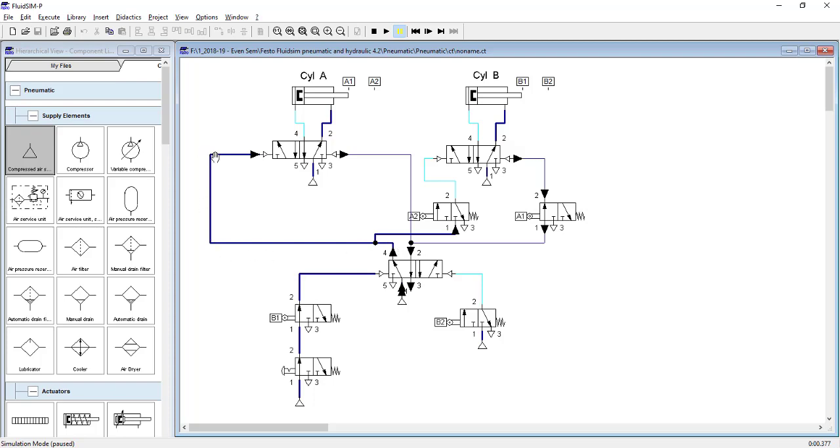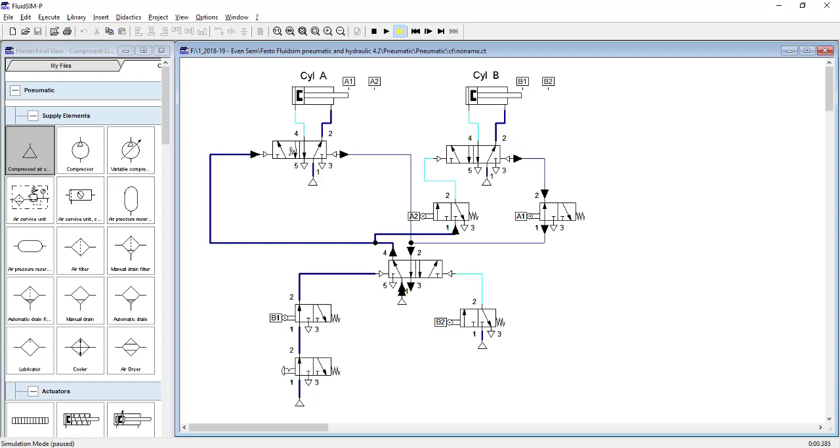So this air will go directly to the 5 by 2 direction control valve above, and it will also go to the A2 limit switch. But because piston A is in the inner position, A2 is not active. So A2 is not active, so air is not going up to activate cylinder B. So initially only this air will go upwards, and it will cause this position to get activated.